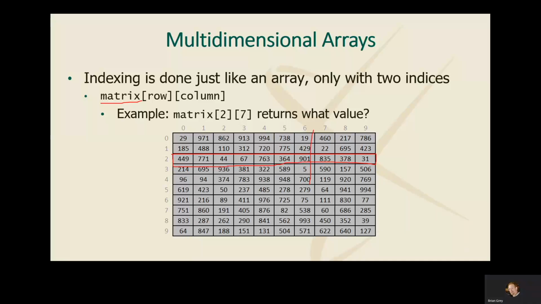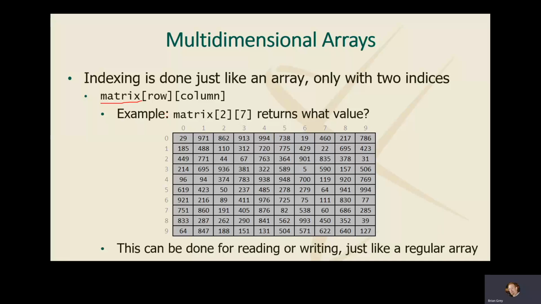Column 7. And this can be done for reading or writing. So we can say matrix 2, 7 equals if we want to write to that slot. Or we can say something equals matrix 2, 7 if we want to read from that slot. It is just like a standard list or array, just done in 2 dimensions.